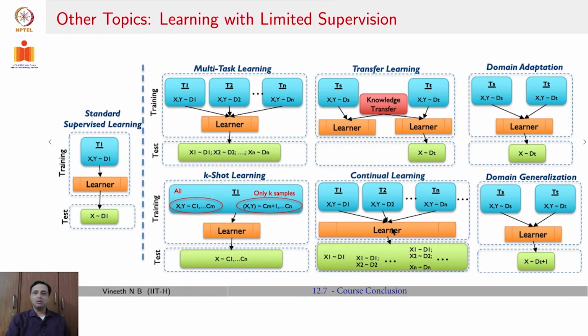Now you want to train a model that works on all the tasks seen so far. Initially, you have data from task 1. You train a model, it should work on other data from task 1. Then data for task 2 comes, you update the model, and the model now has to work on data from task 1 and task 2. Similarly, and so on.